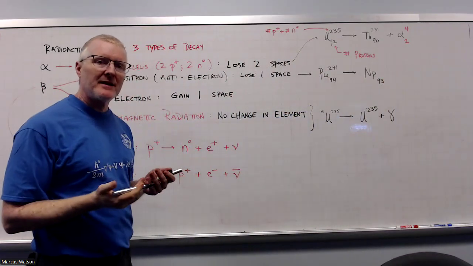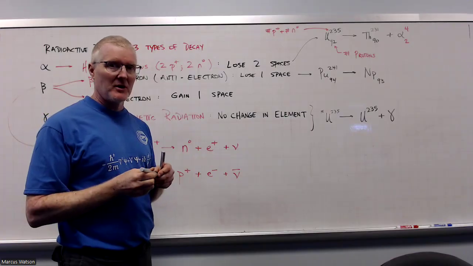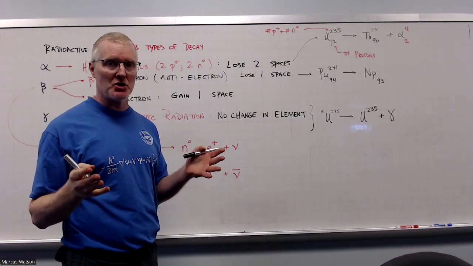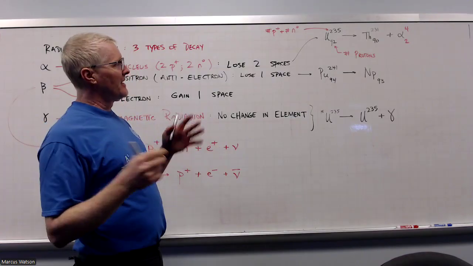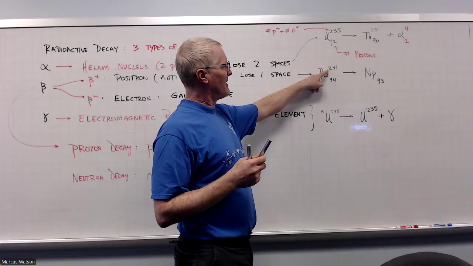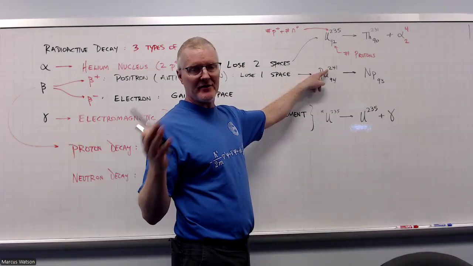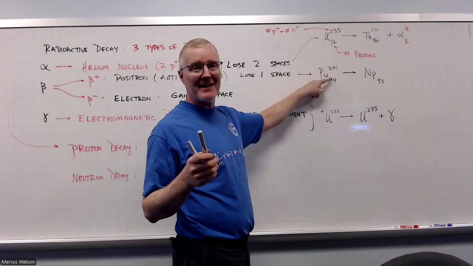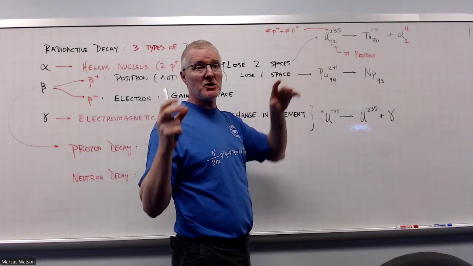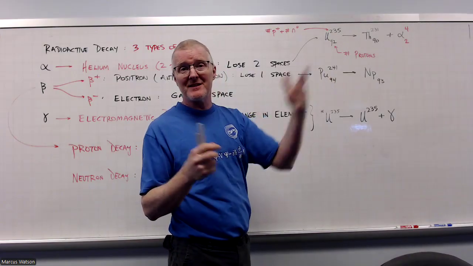But notice that the actual number of total things in the nucleus has not changed. I had 94 protons and 241 total things in the nucleus. And now I've got 93 of these. You go, oh, well, I've changed this. No, you haven't. You've just changed one of these into another thing, but it still fits into that apple cart.